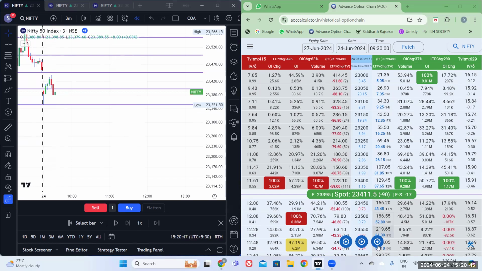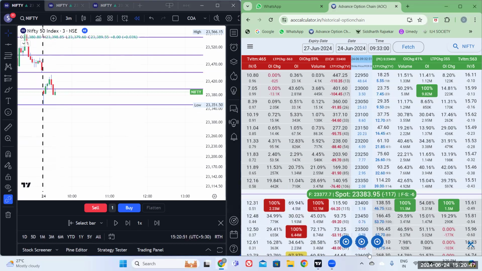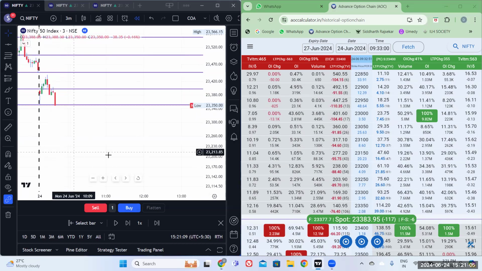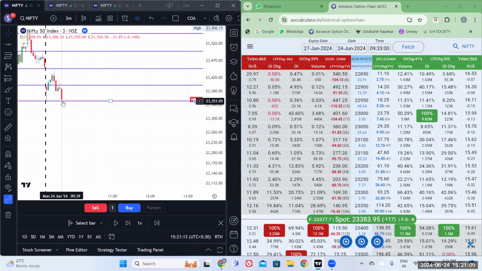Let's go to the data of 9:33. At 9:33, what does the data suggest? Now, if we have to take a PE from here to the downside, which we would not do, rather wait for the price to come here to take a CE. Okay. Now this is a place one can initiate a CE.